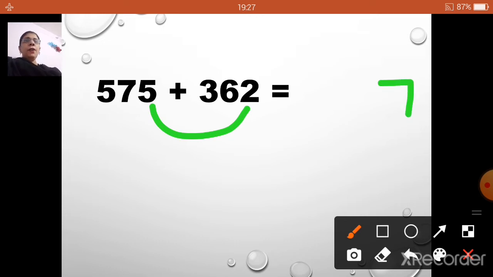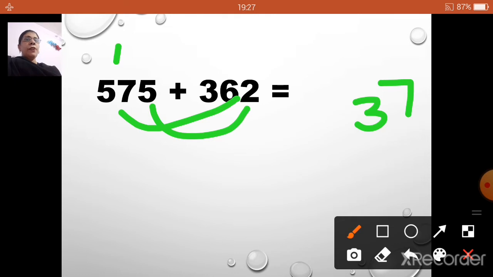Now 7 plus 6, that is tens with tens. 7 plus 6 will be 8, 9, 10, 11, 12, 13. What I am going to write is only the number 3, and 1 I have to keep in mind, but I am writing it here to explain to you.